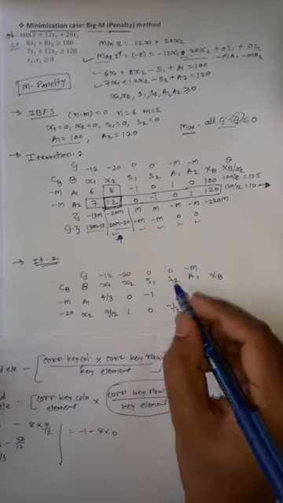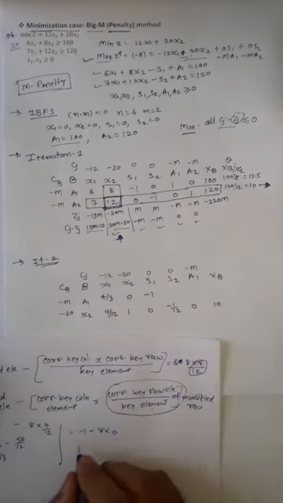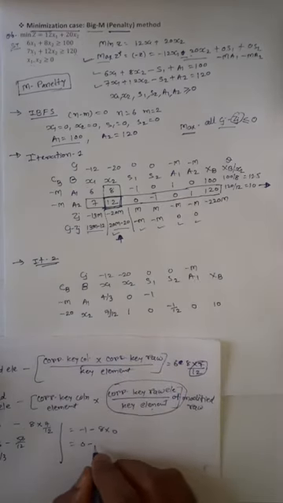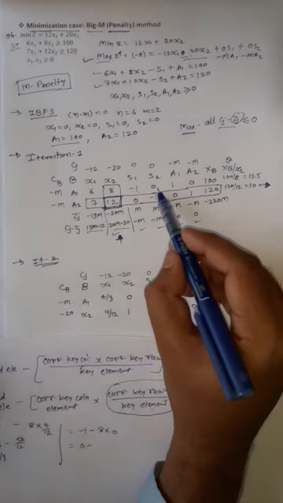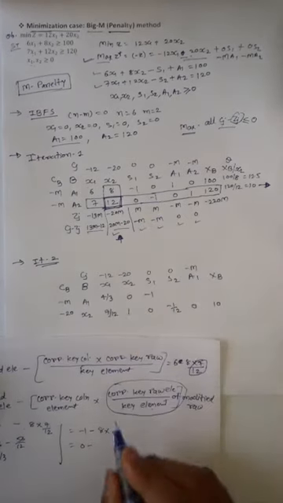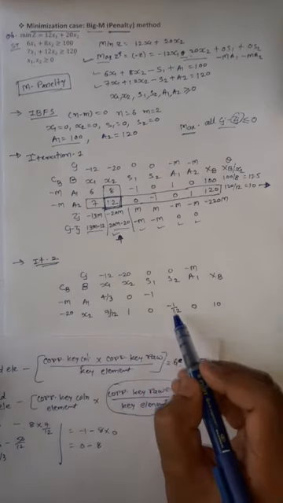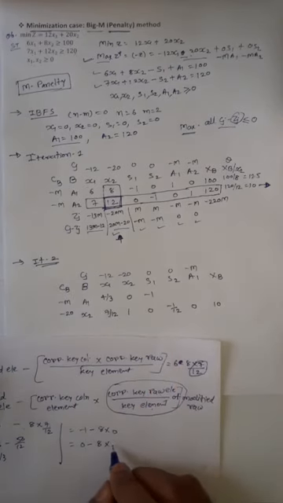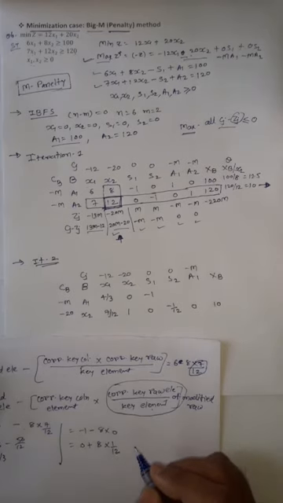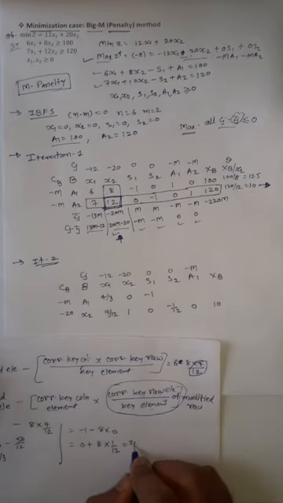Now for S2, it is 0 minus 8 multiplied by minus 1 by 2. So this is a plus 1 by 12, and we get the answer equal to 2 by 3.